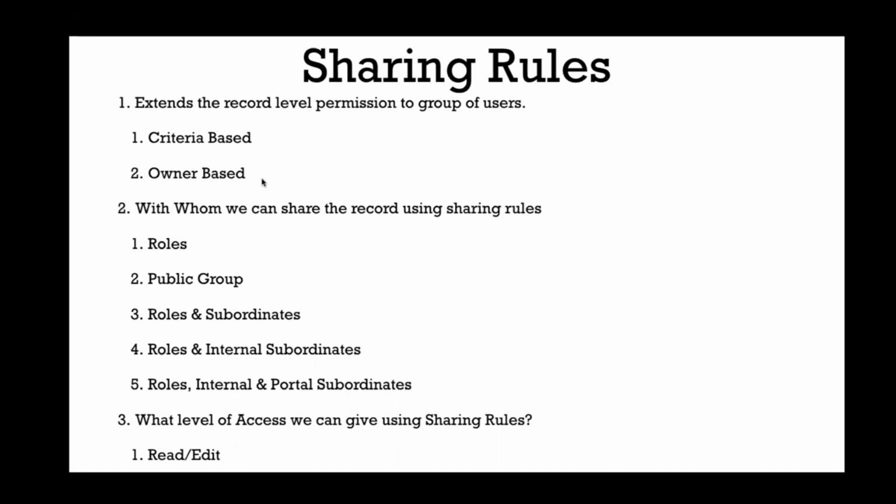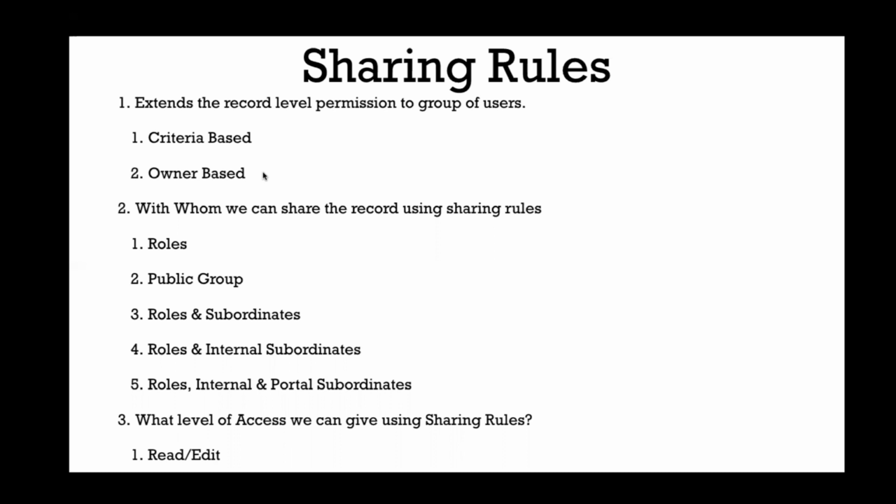If you talk about owner based, that means we can check their profiles and their roles, the role of the user who is creating that record, and then we can share. For example, let's say that no one can see CEO records.